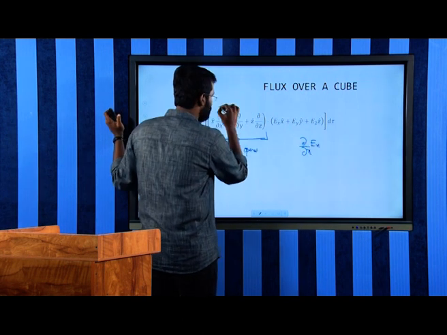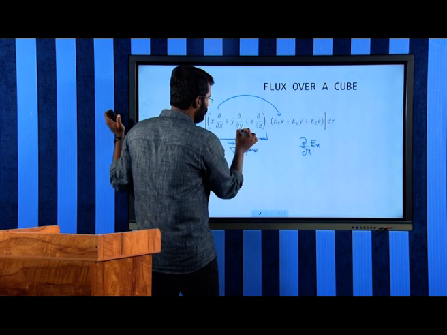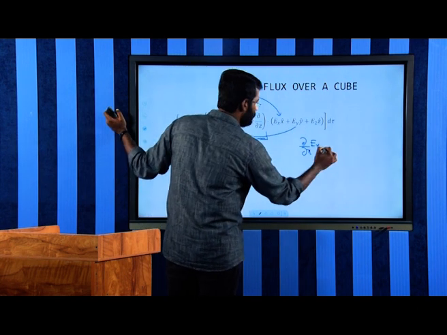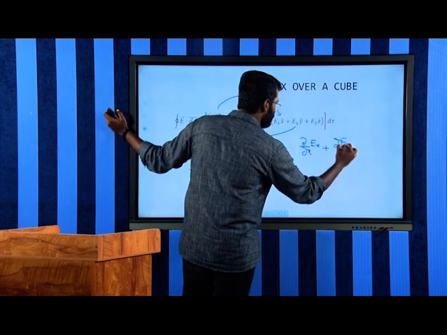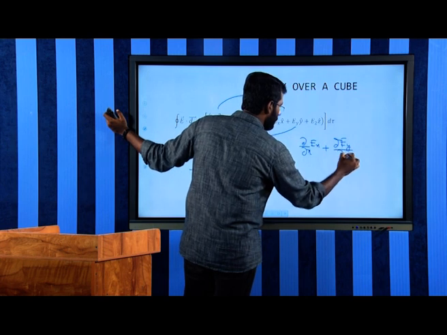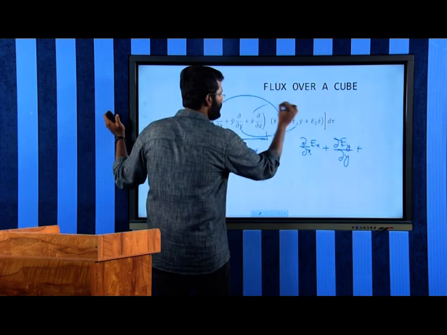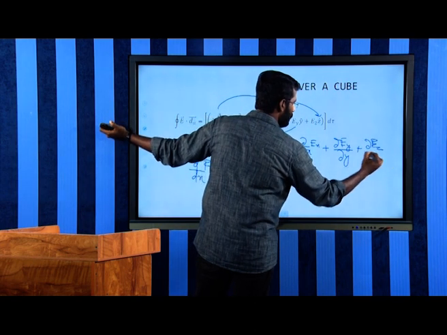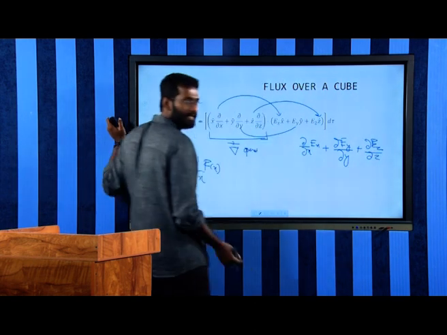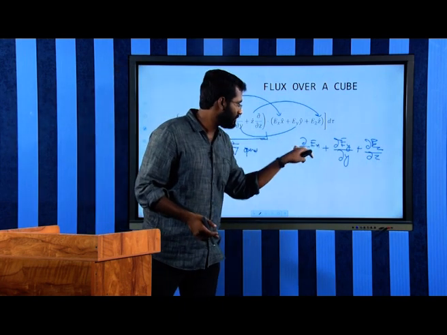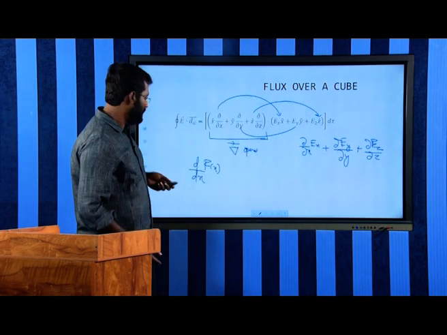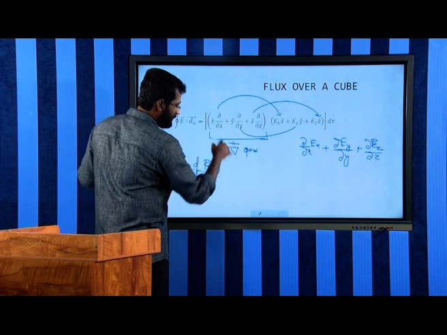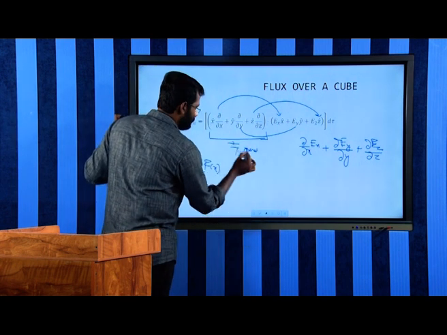Now, the second product will give you plus ∂Ey/∂y, plus the third, the last one, that is ∂Ez/∂z. So, we can get back to that. Actually, we split this single expression into two parts, and this we call the del operator.